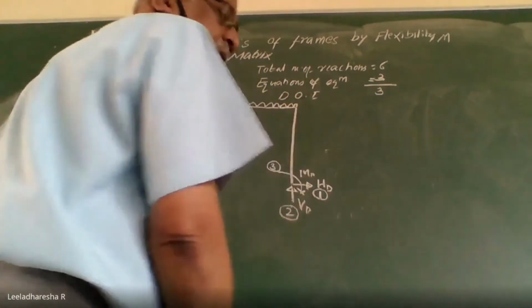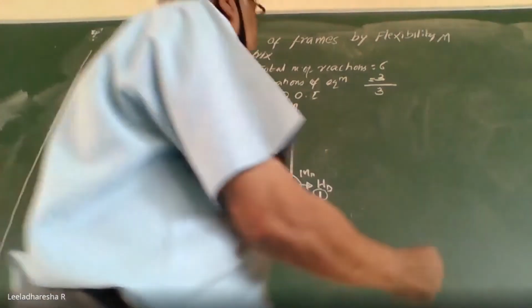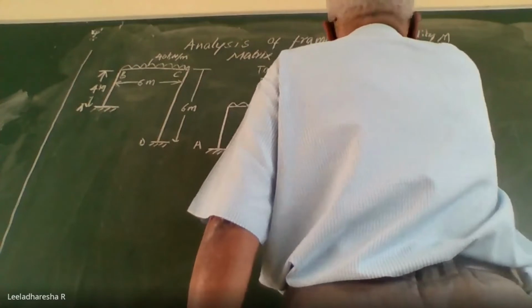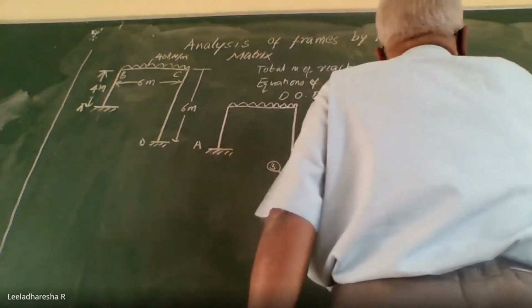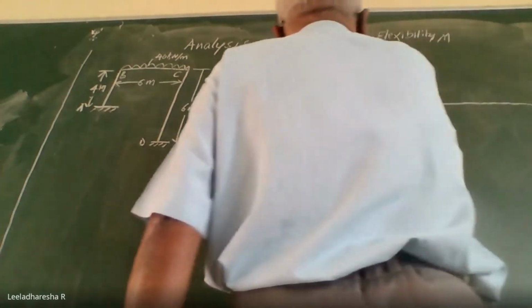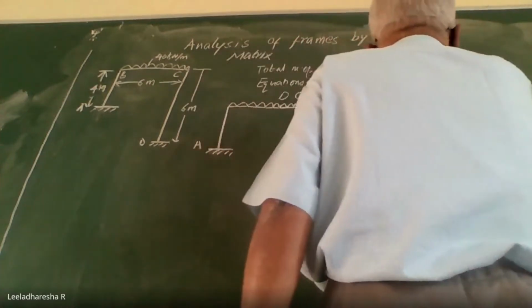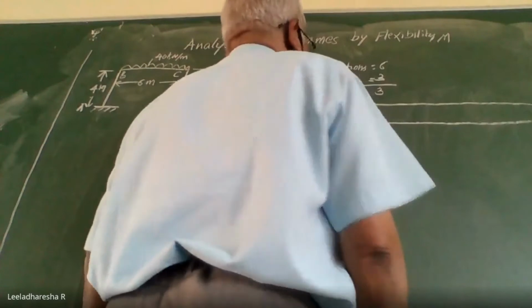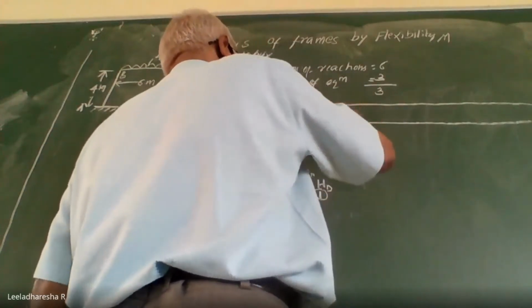However, I will be having a table here. I will explain how to obtain all these elements in the table. So, to solve this particular problem by the matrix method, I will have a table.